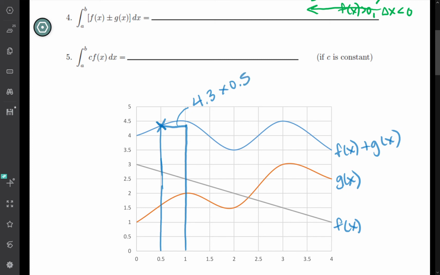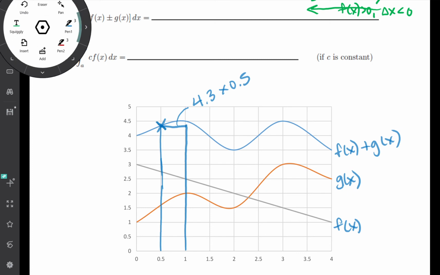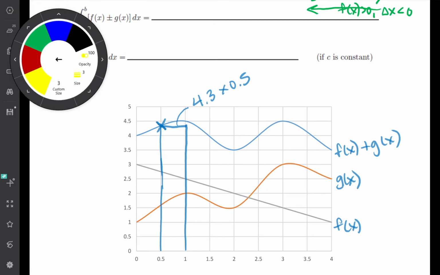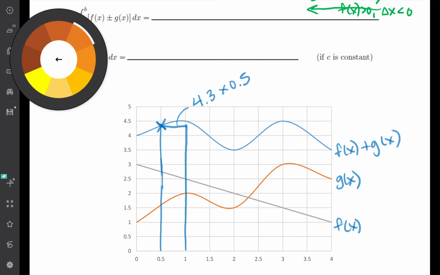We could actually break that up into 2 separate rectangles. Orange. Okay, so for this one, we had a rectangle right here that's about 1.6. So this is 1.6 by 0.5.